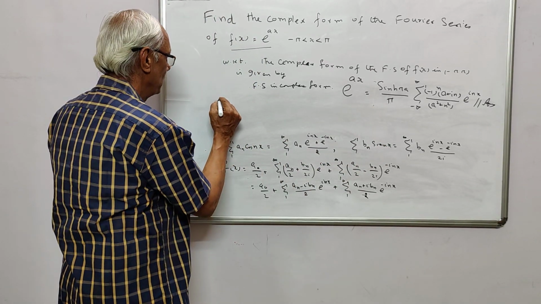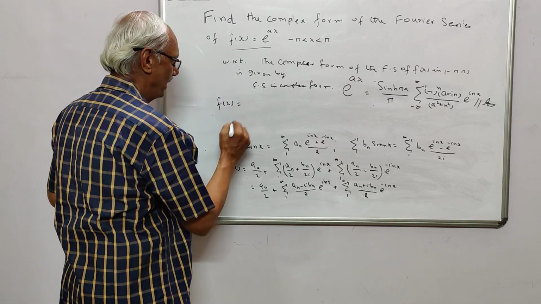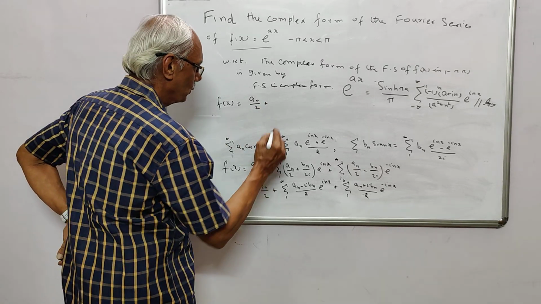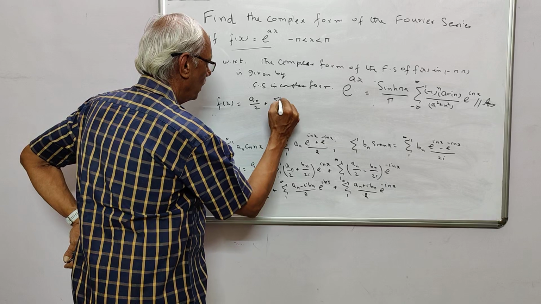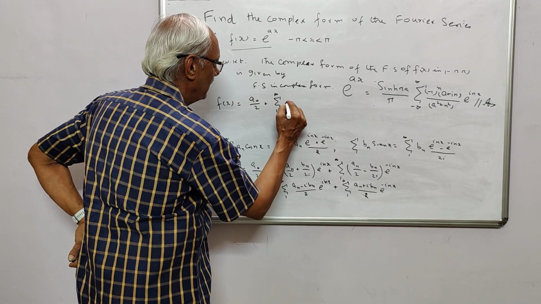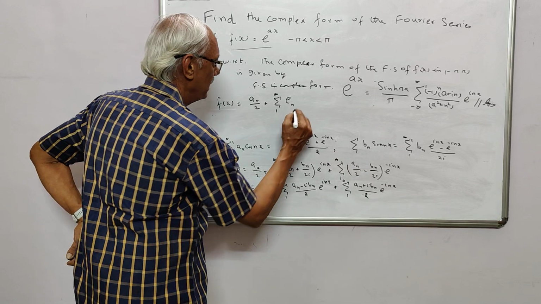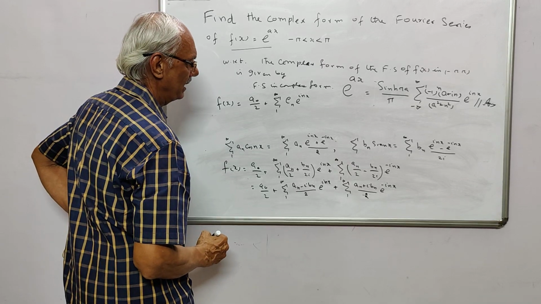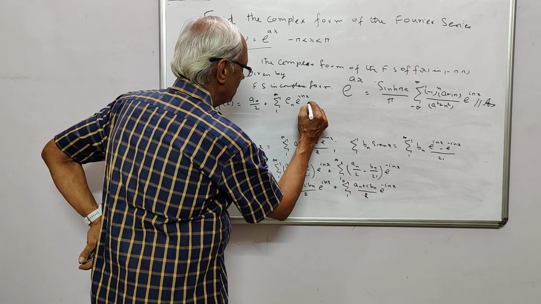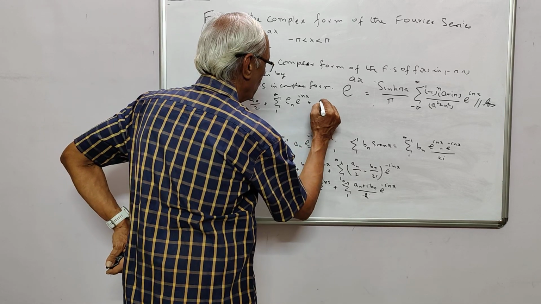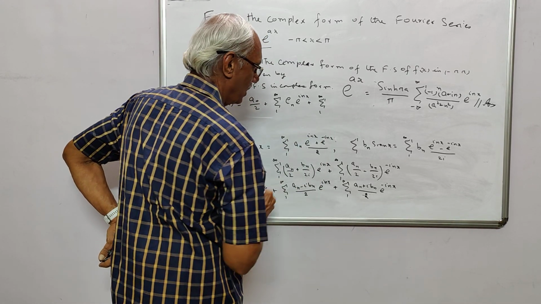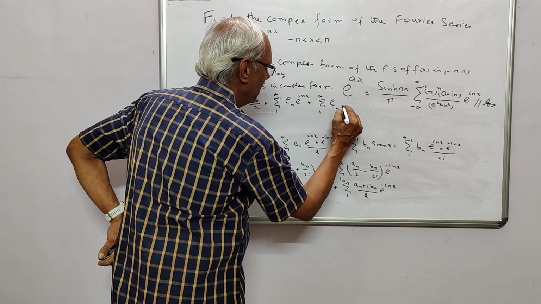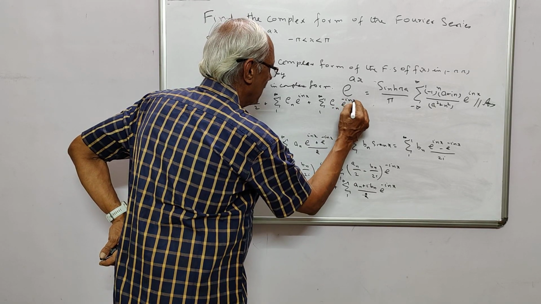So what you get here is f of x equal to a naught by 2 plus sigma of 1 to infinity of cn into e to the power of inx, plus sigma of 1 to infinity of c minus n into e to the power of minus inx.